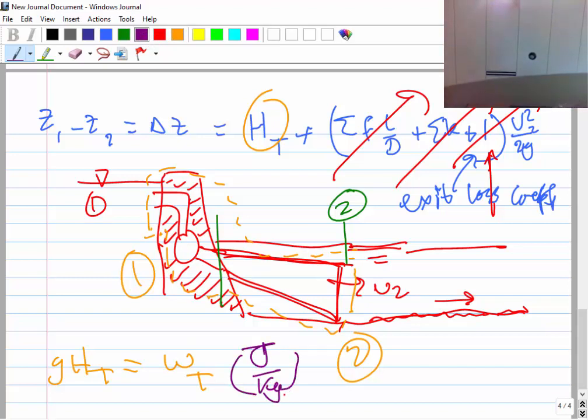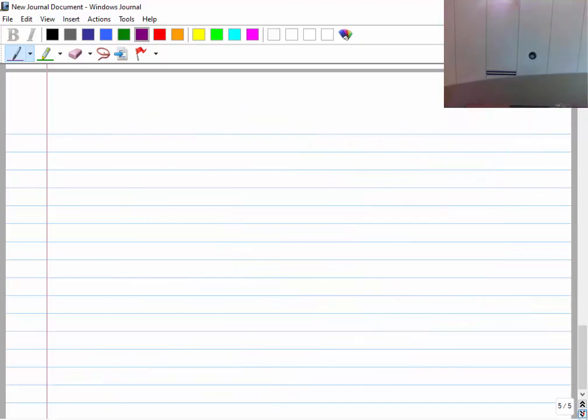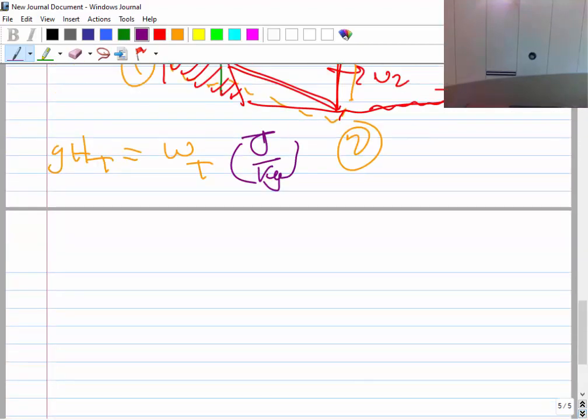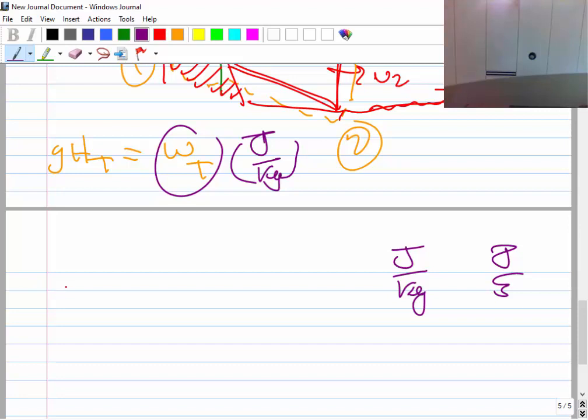So now if I would like to figure out how many megawatts the Keystone Dam is doing, if it has like a 10-meter head on it, how can I turn this into megawatts? How can I turn the joule per kilogram to joule per second? What do I need? M dot, right?